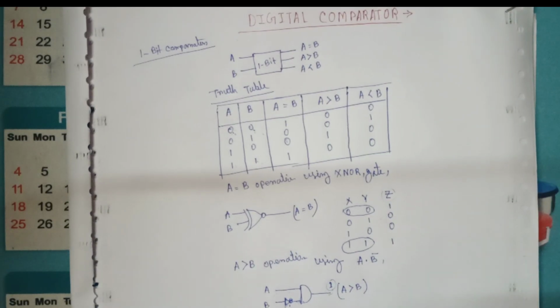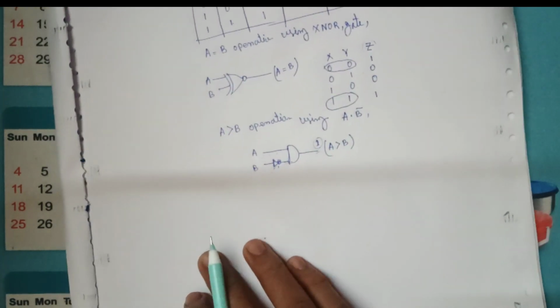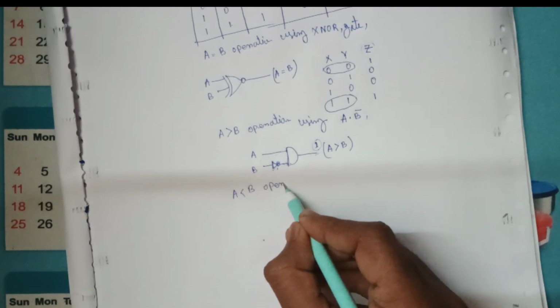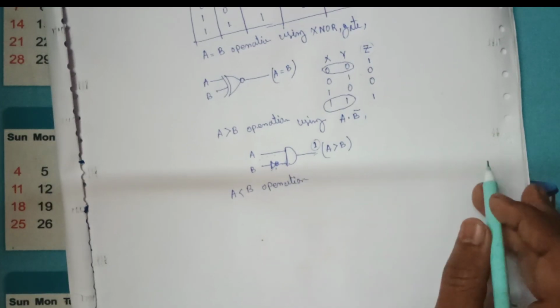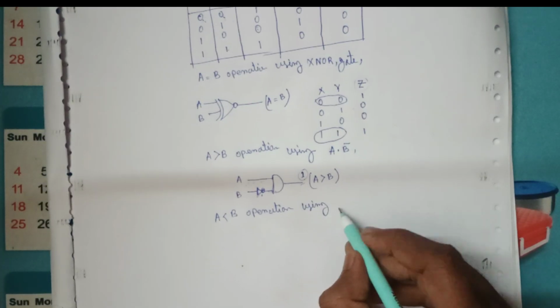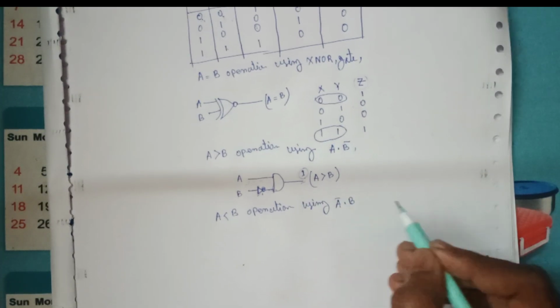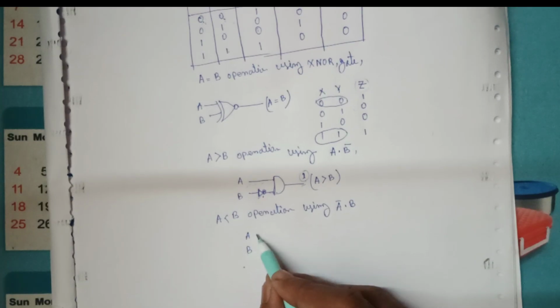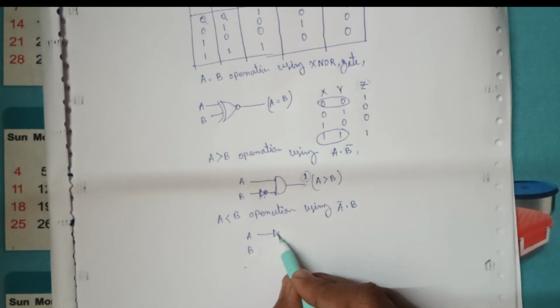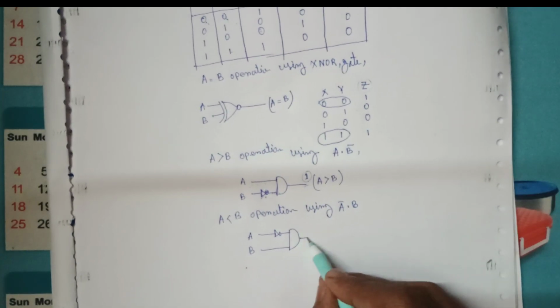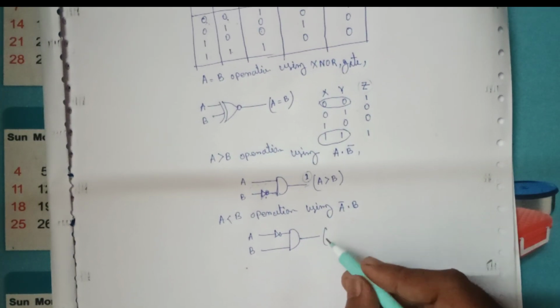Now let's see the third condition, A less than B. This operation can be implemented using A bar B. Like the previous one, this one is the same.